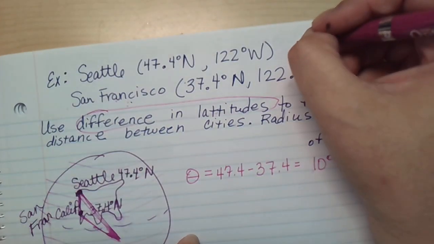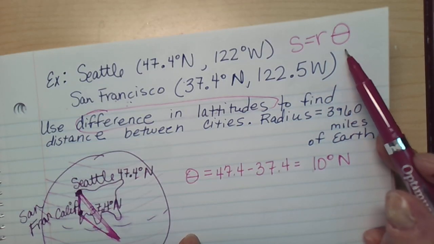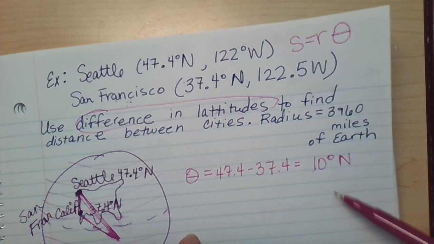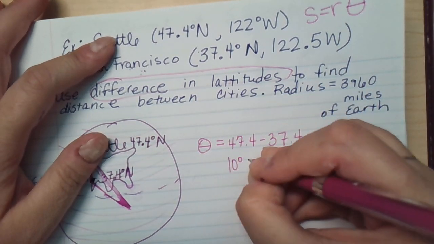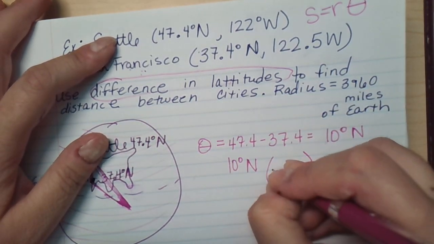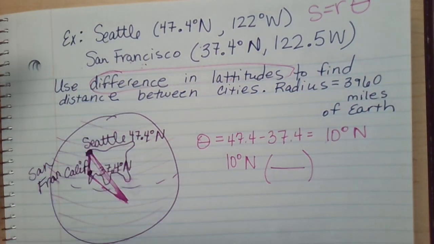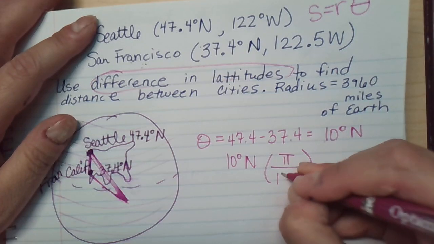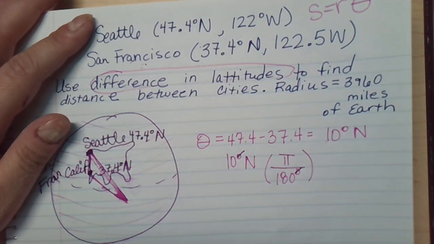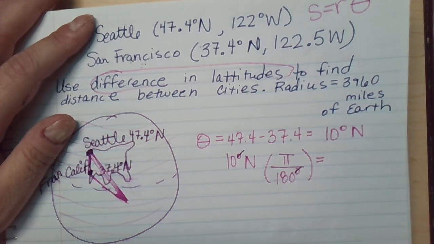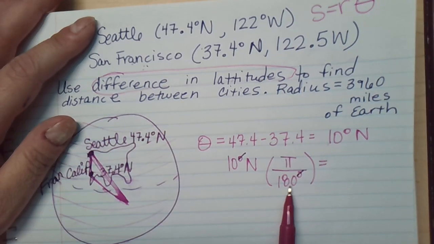However, we're going to use this S equals R theta, but let's remember theta has to be in pies. This ain't in pies. Okay, so let's convert. We're going to say 10 degrees north. Remember our conversion factor for degrees to pies or degrees to radians? It's pi over 180. That way the little degree can cancel. Okay. And then we type this in the calculator, or we can use that rule of zeros where 10 over 20. Anyway.